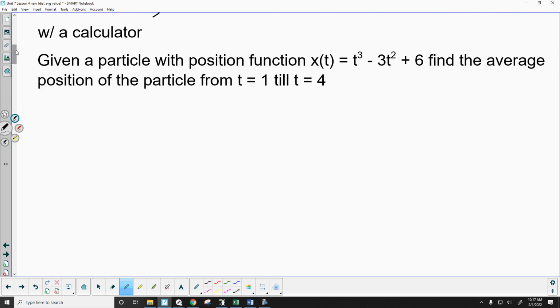Here's a position. You have a calculator. Find the average position. Okay. 1 over B minus A, integral A to B of what I'm trying to find the average of. Boom, type that into your calculator. You just get the average position.